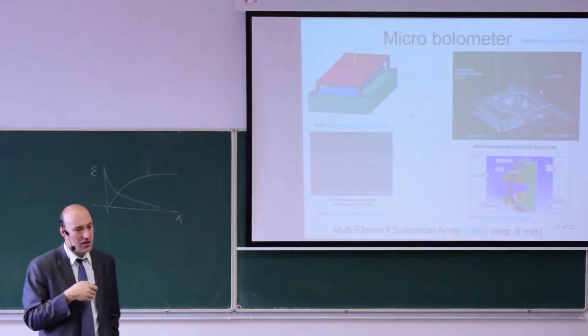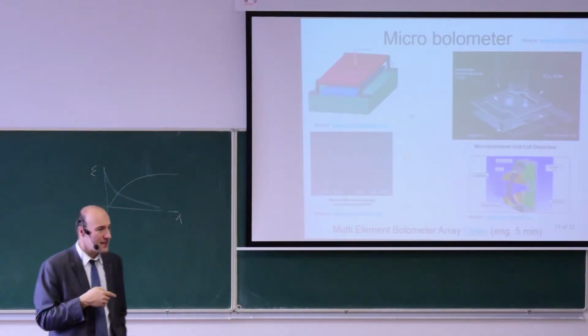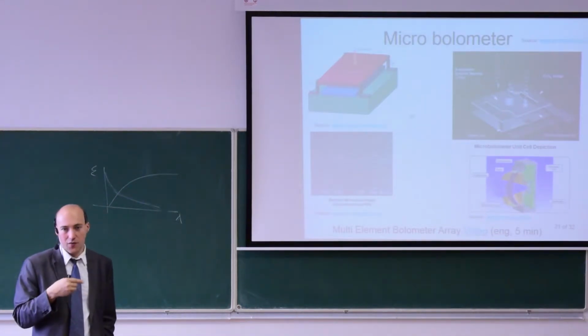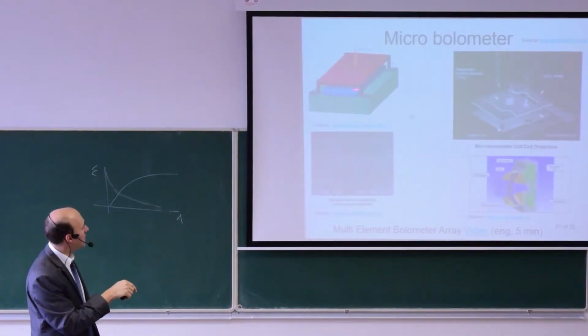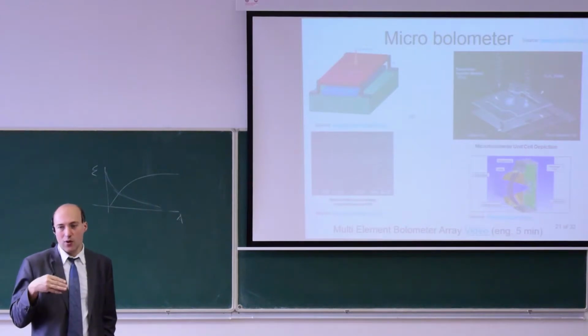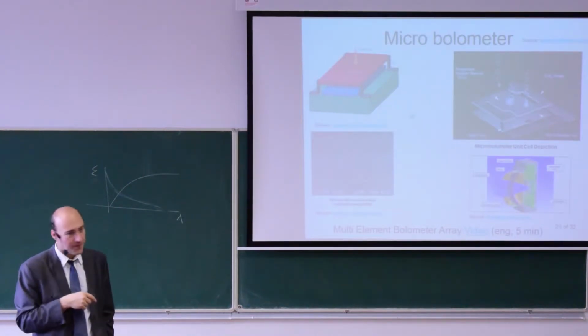Now, the changes in temperature are very small, so this area is insulated from the substrate material. That's why here there is a gap, and here you see there is also a mirror that will mirror back the radiation that went through this surface, so that we have a higher sensitivity.